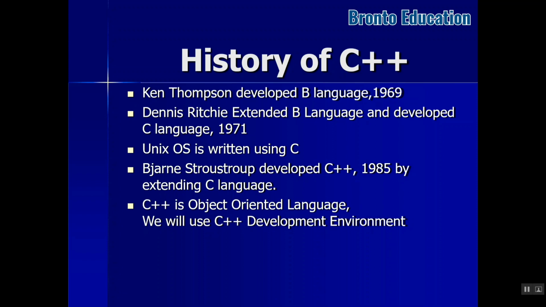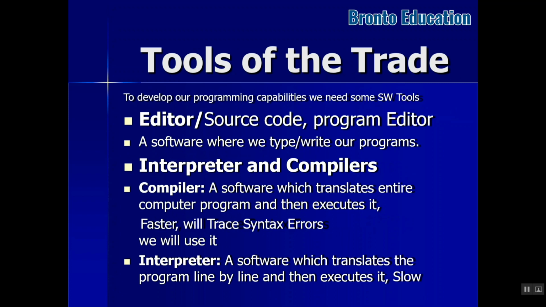So we will use C++ development environments. I'm going to talk about them later. These are the tools or software which we are going to use to make a program. First, we need an editor. An editor is software where we type or write our programs, our code, which we also call source code. Then interpreters and compilers. We have two translators which translate our language, which is high level language, to low level language.